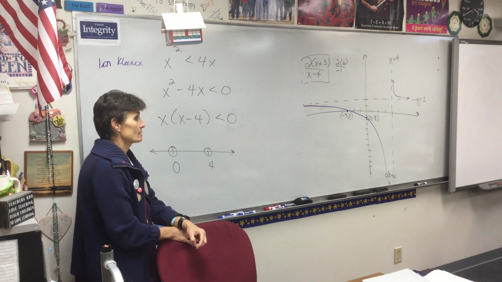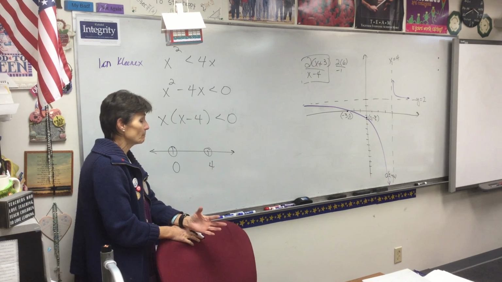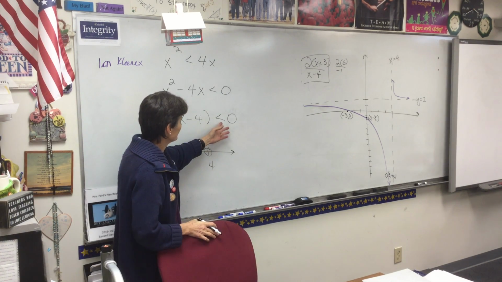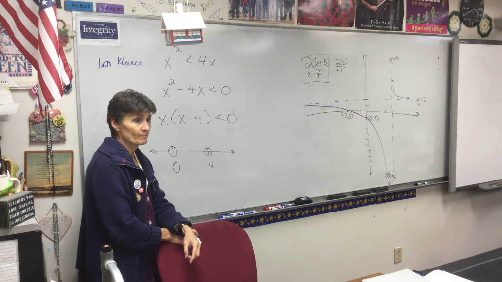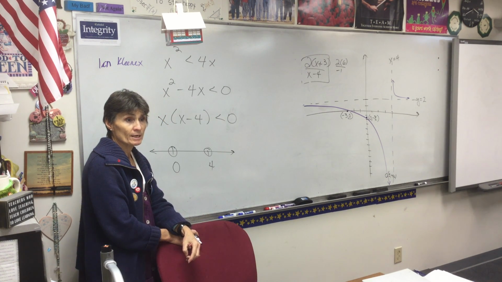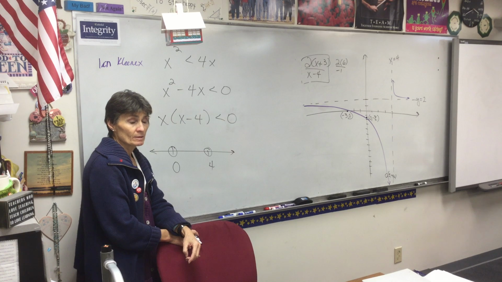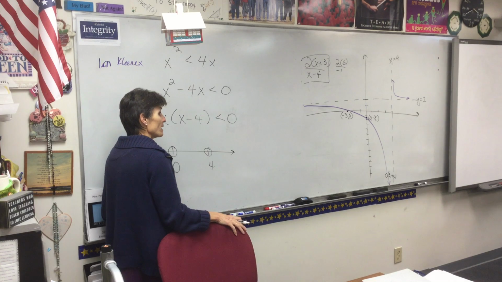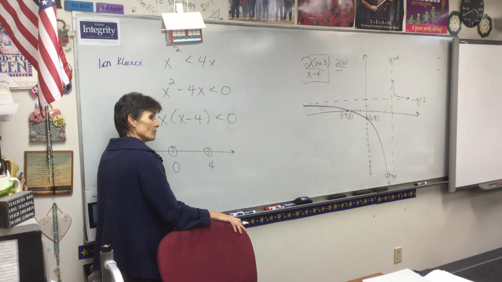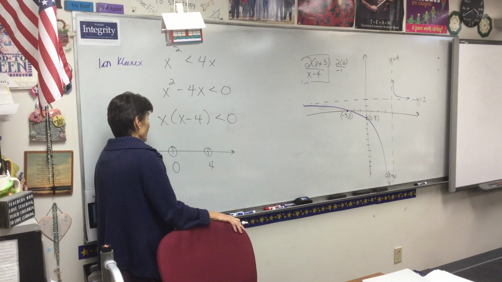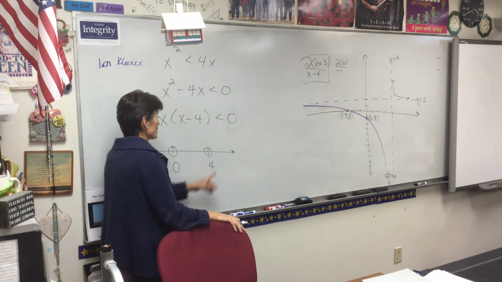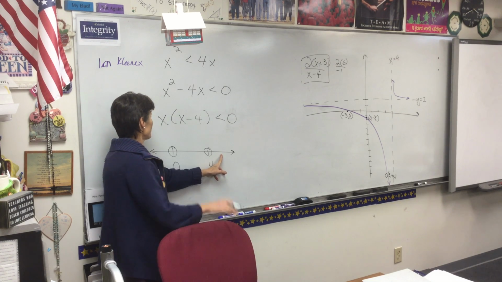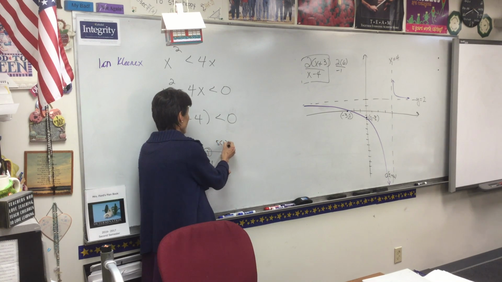Now this is a basic, simple, normal problem. So you can look at it and say, hey, look, it's a less than. That means I'm probably going to end up shading between the dots. And that'll work on this problem. But if you're worried about that, because sometimes it doesn't work, you can pick a number. So I'm just going to pick 5. If I put 5 in, I get 5 times 1.